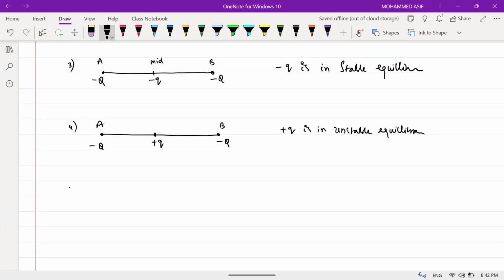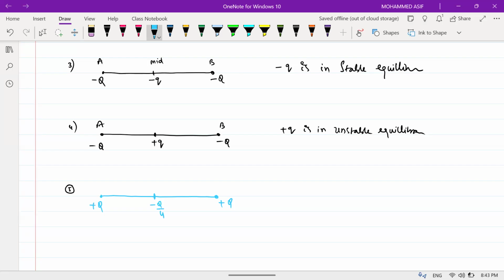Tell me the answer for this question. Here there is plus Q. Here there is plus Q. And in the middle there is minus Q by 4. Stable or unstable? It is unstable.